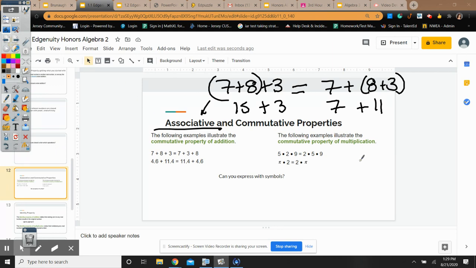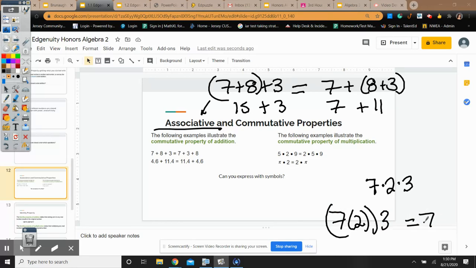The same thing is true with multiplication. 7 times 2 times 3. If you take 7 times 2 first, then times 3, it's the same thing as 2 times 3 first, then 7 times that. 14 times 3 is 42, and 7 times 6 is 42. That's associative, who you group with.